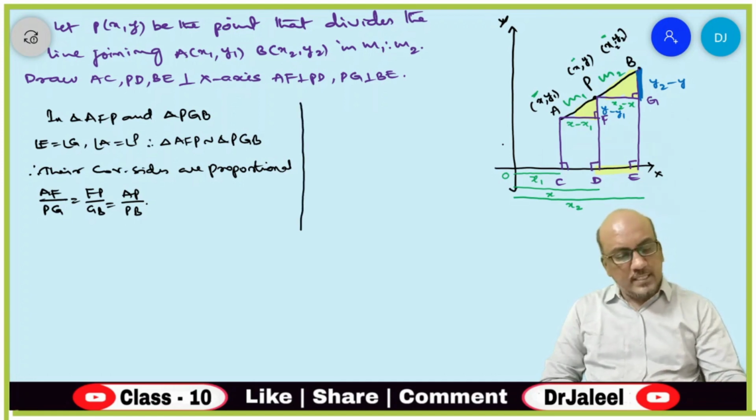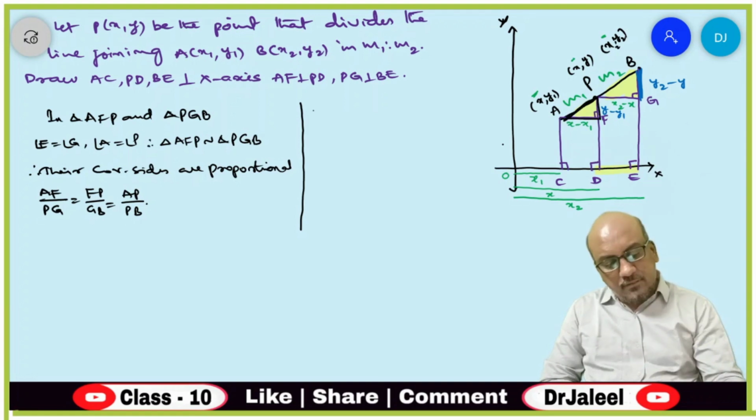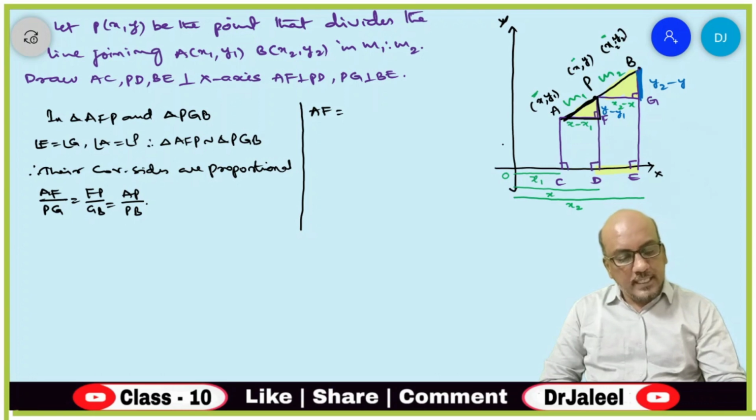Let us go for lengths of these. First, AF is how much? AF is x minus x1. Same way, PG is x2 minus x. PF is y minus y1.